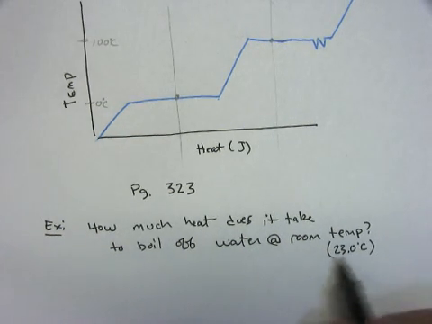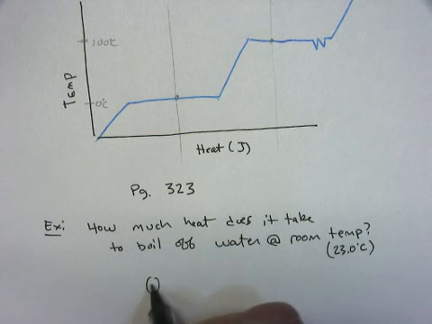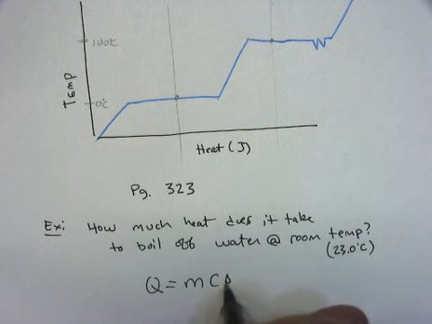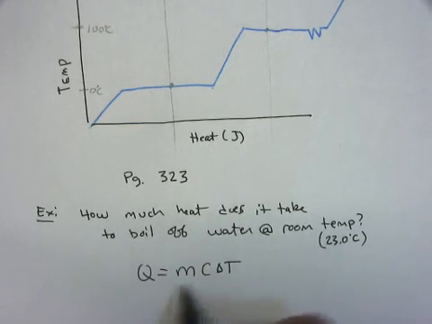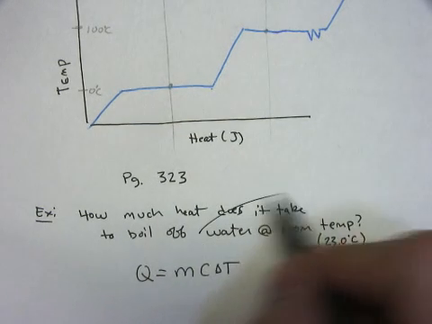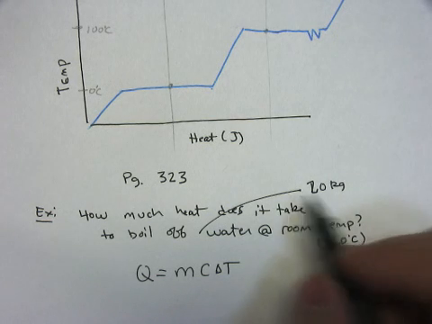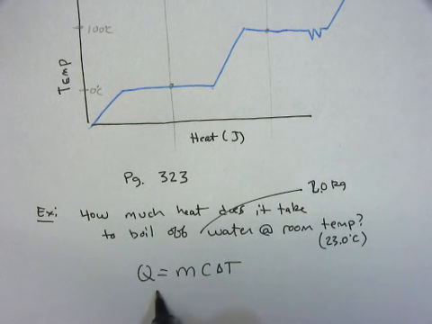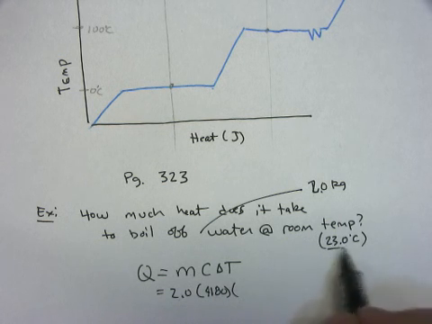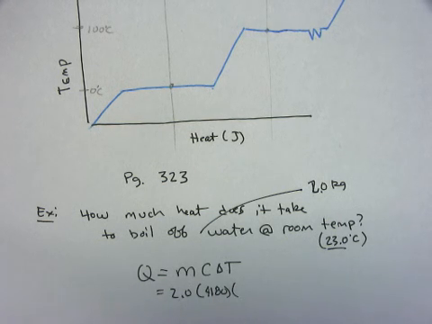So you might think to yourself, oh, all I got to do is heat it up. So like, how much heat does it take to heat water? Well, let's say I've got 1 kilogram. No, let's say I got 2 kilograms just for argument's sake. So my mass is 2, the specific heat of water is 4180, and I'm going from 23 all the way up to 100. So I'm changing temperature 100 minus 23.